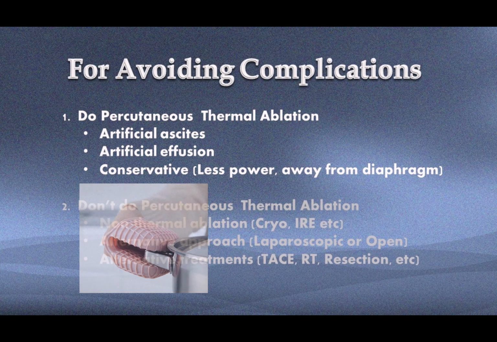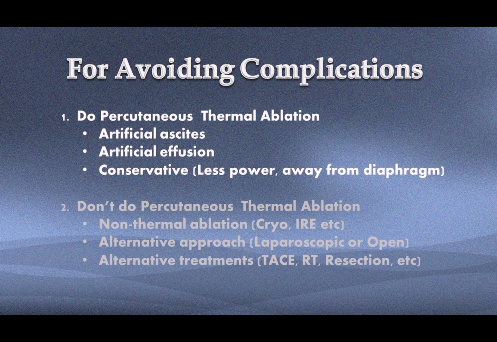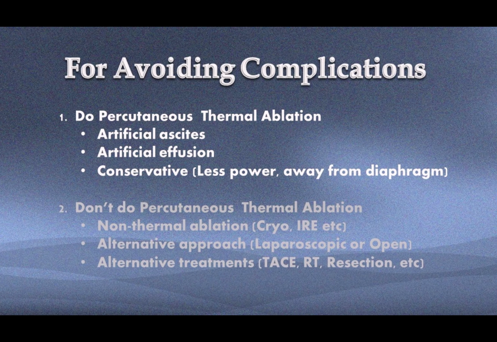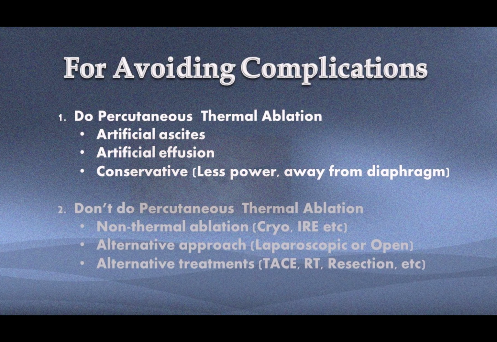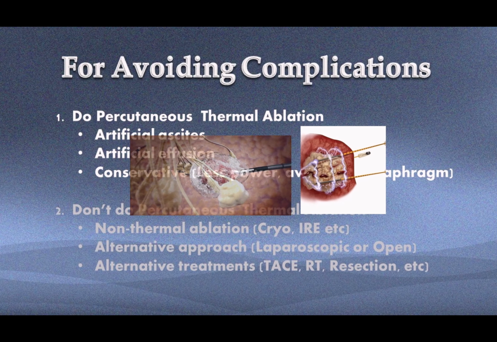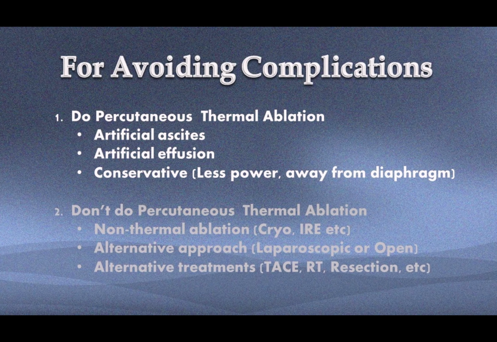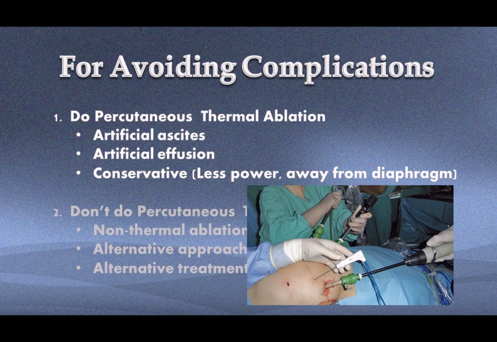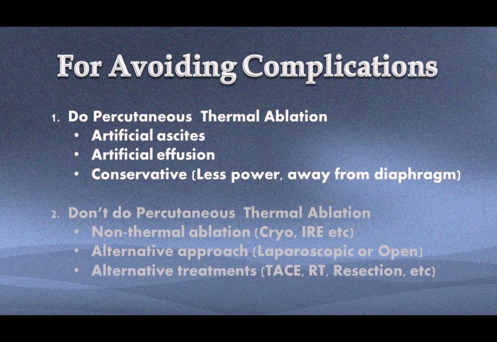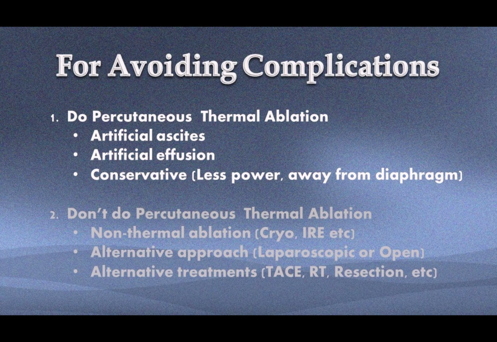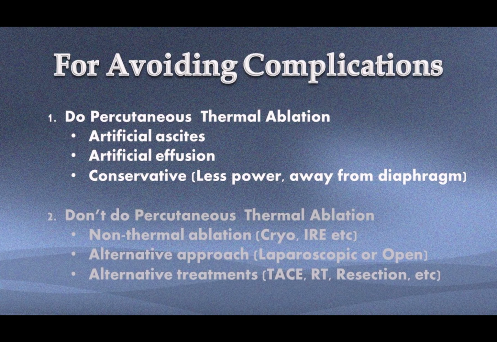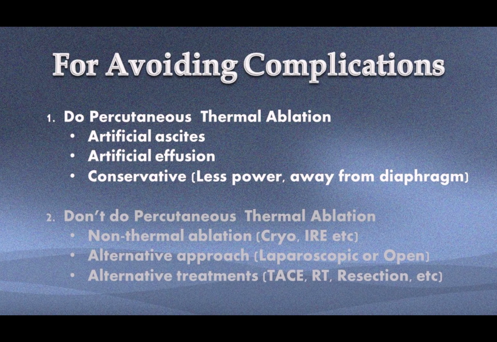If you decide not to do percutaneous thermal ablation, there are so many alternatives, including non-thermal ablation, cryo, and IRE. We can also choose an alternative approach, laparoscopic or open, or an alternative treatment combined with TACE or radiation therapy. So there are so many options. So don't worry too much. Depending on your situation, you can choose the proper weapons.